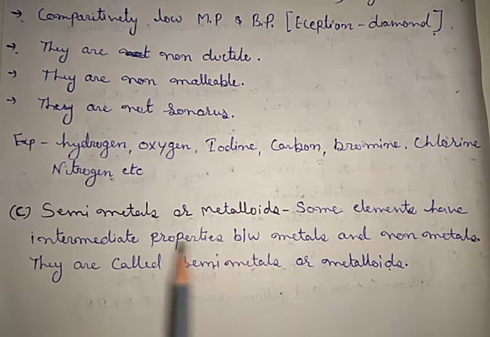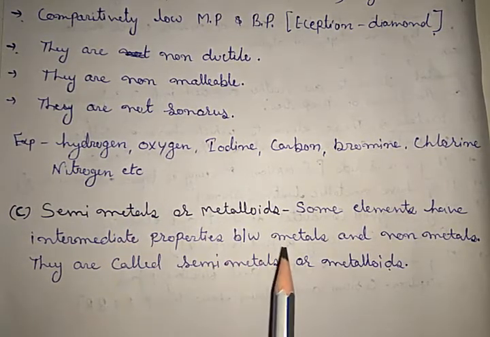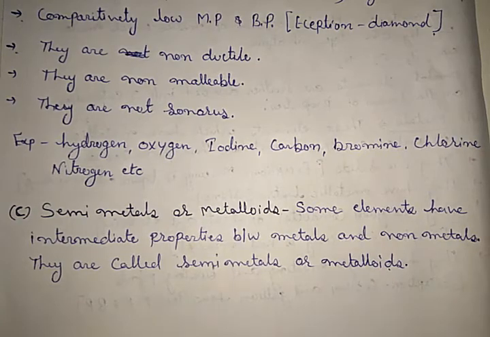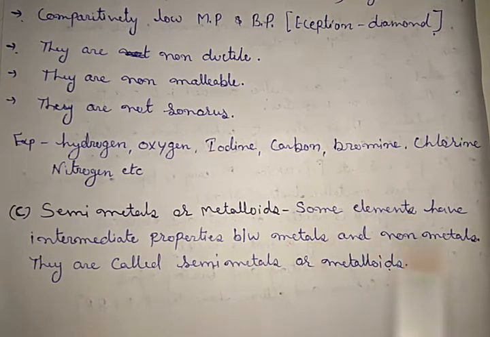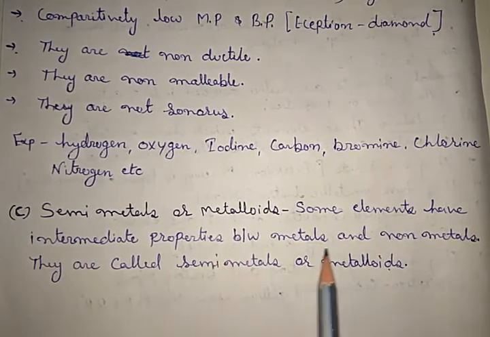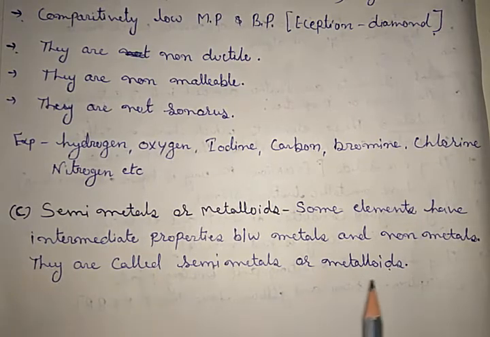That means the properties of those elements are between metal and non-metal. Some of the properties are similar to the metals, while some of the properties are similar to non-metals. Okay, clear? So they have intermediate properties between metals and non-metals. Such elements are called semi-metals.